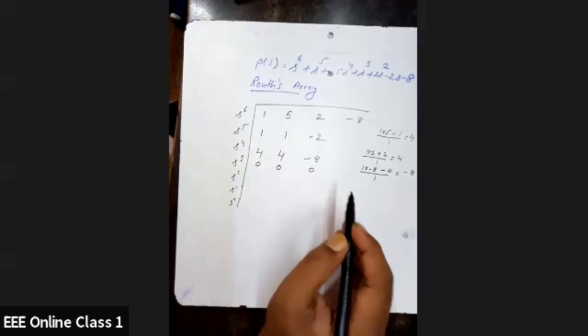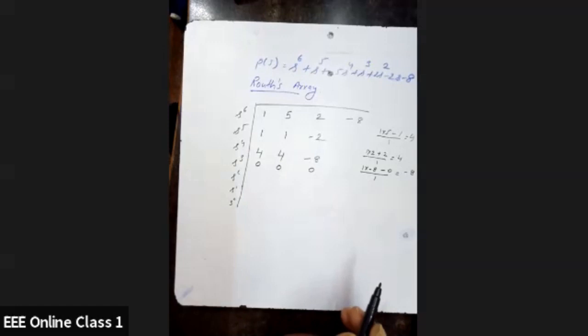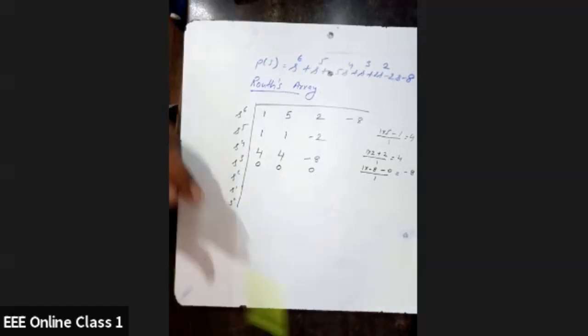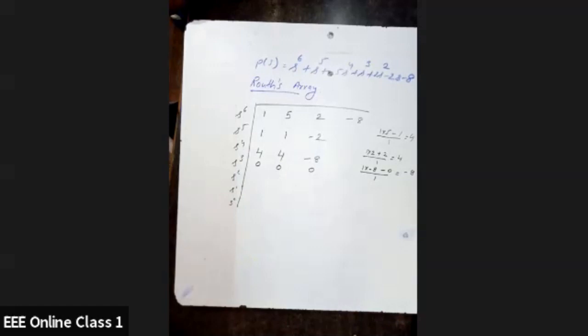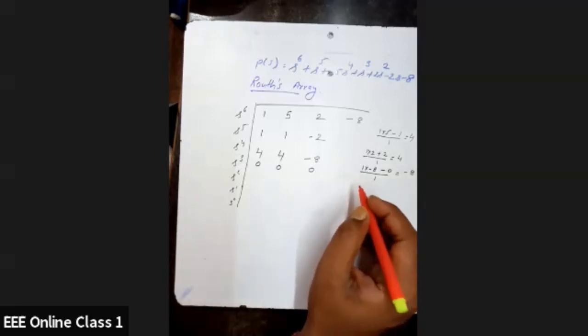So now we can see that we have come across special case 2. All the elements of one row are 0. So how to find the solution of this case? The solution of this case is we have to differentiate with respect to S.